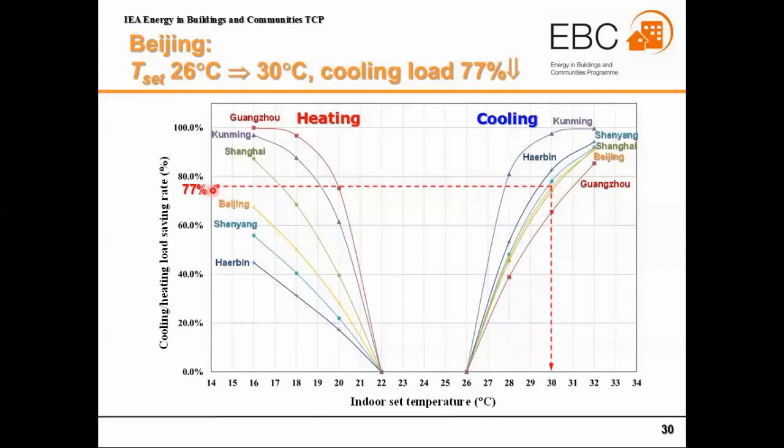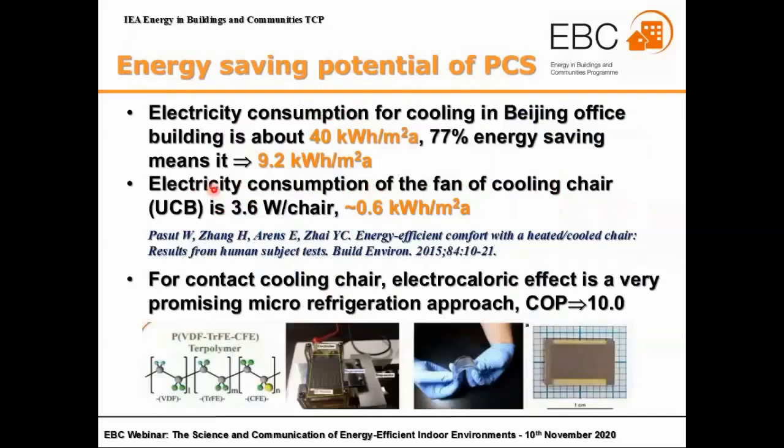What does 70% mean? The electricity consumption for cooling in a Beijing office building is about 40 kilowatt-hours per square meter per year, and 77% energy saving means the energy consumption is just 9.2 kilowatt-hours per square meter per year.